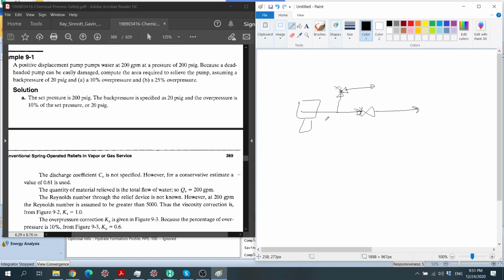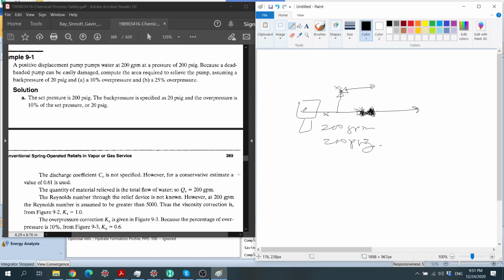This pump is delivering a flow rate of 200 gallons per minute, and 200 psig as well, at this point. And then somehow this valve is closed. Some guy kicked the valve and it's closed or whatnot. So this one is closed.